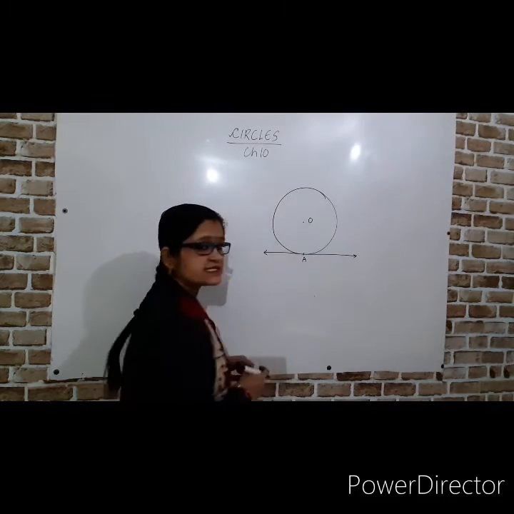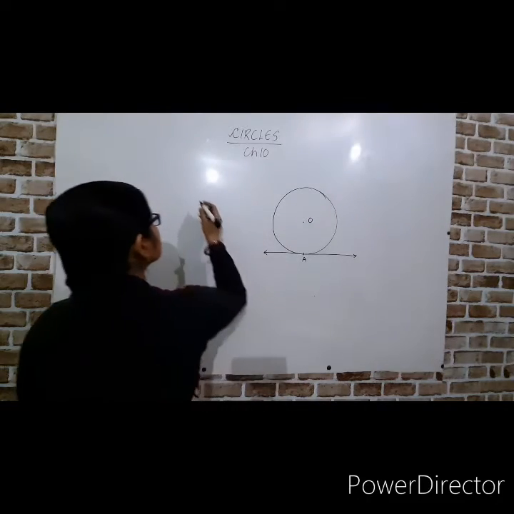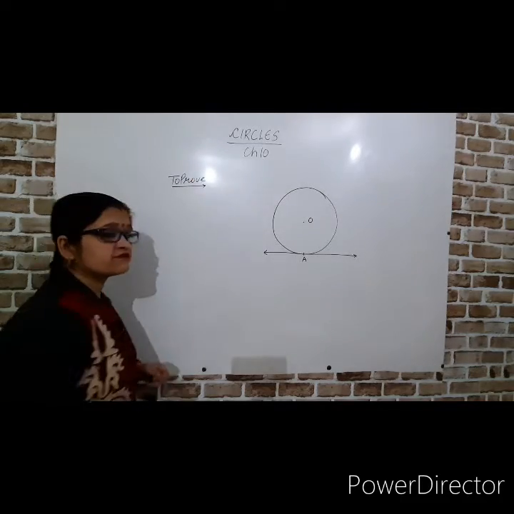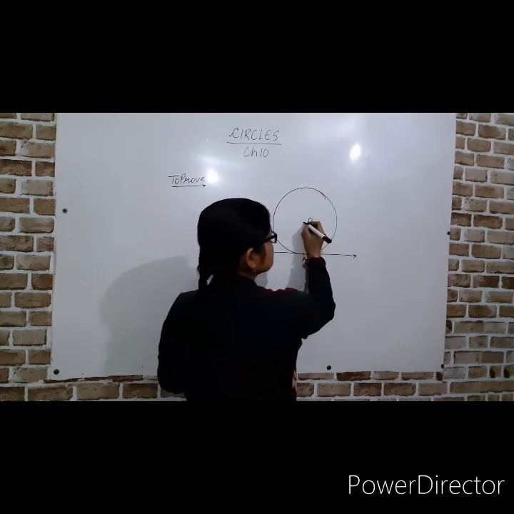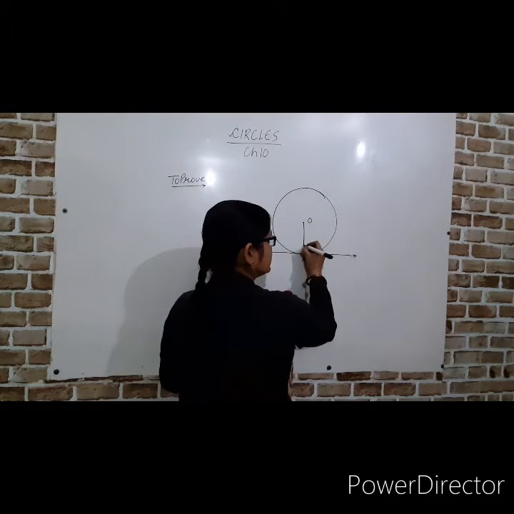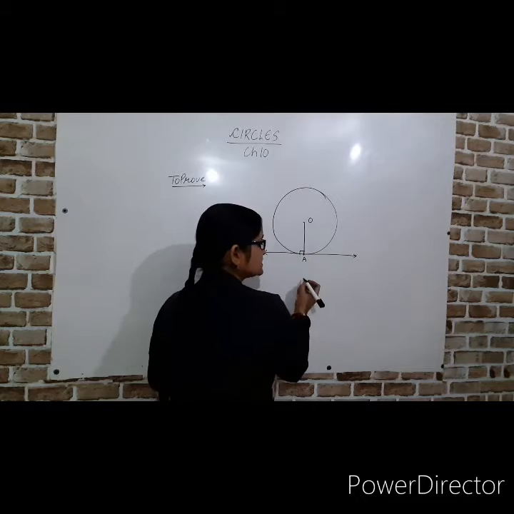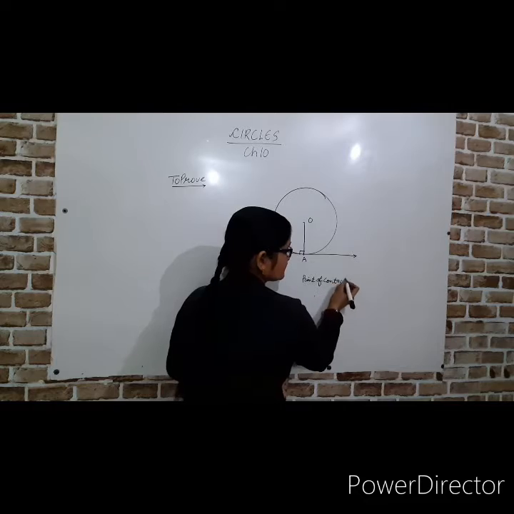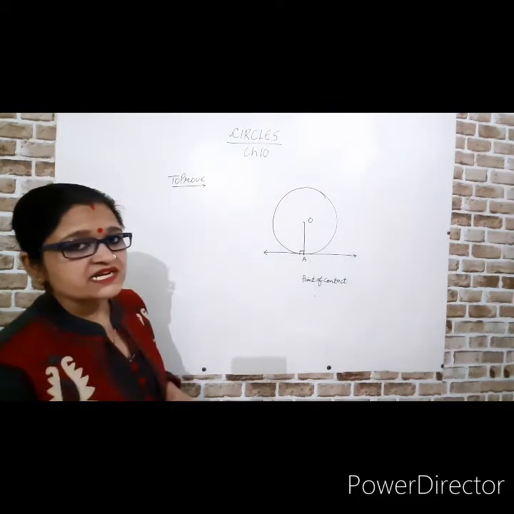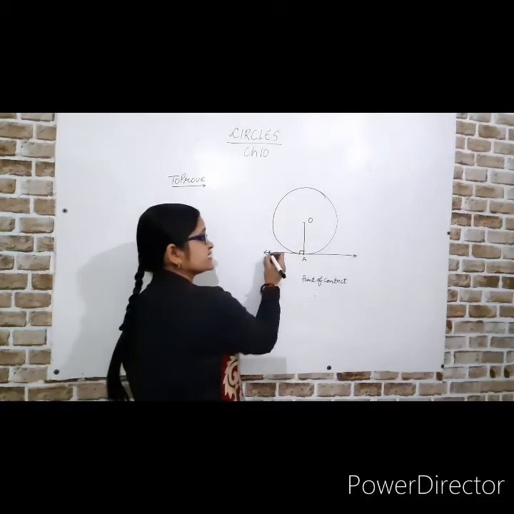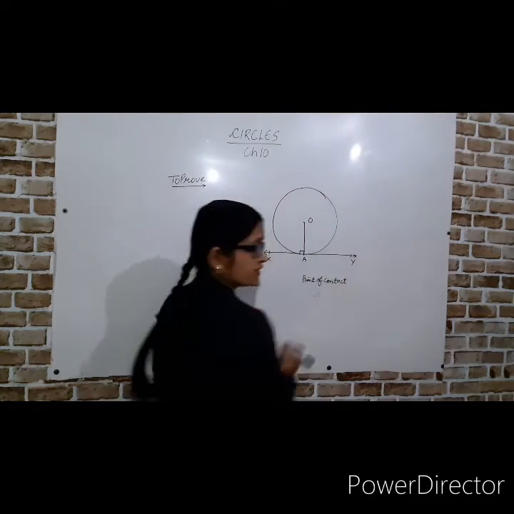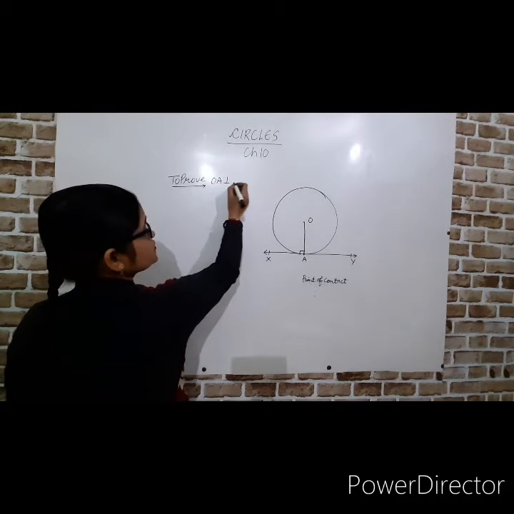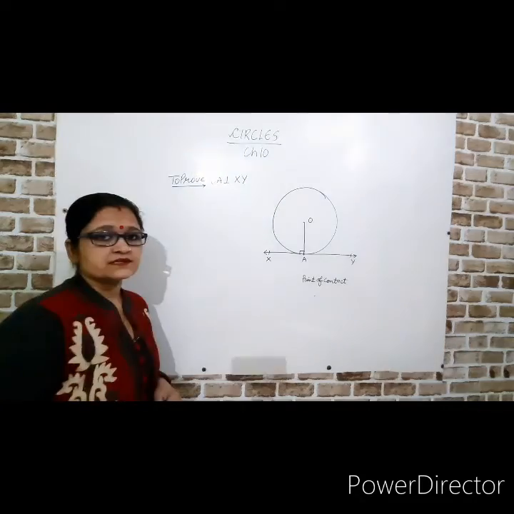If O is the center of the circle, we have to prove, this is theorem number 10.1, that the line segment joining the center to this point of contact is always perpendicular to the tangent. Let us take the tangent as XY. So we have to prove OA is perpendicular to XY.